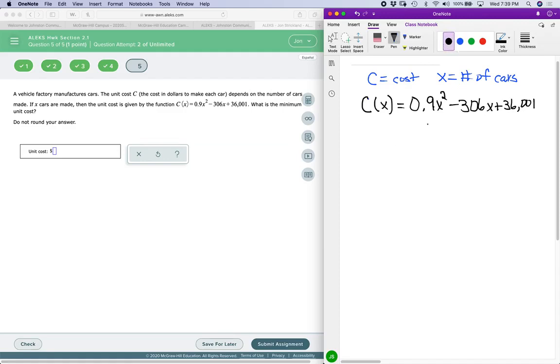And now the minimum is going to be the vertex of this function. This formula is in standard form, and I separate the variable terms apart from the constant.